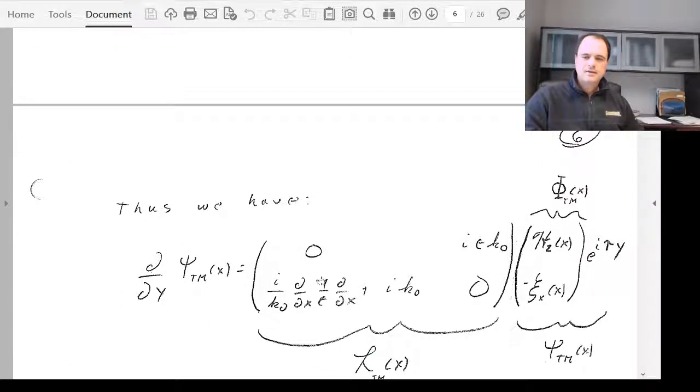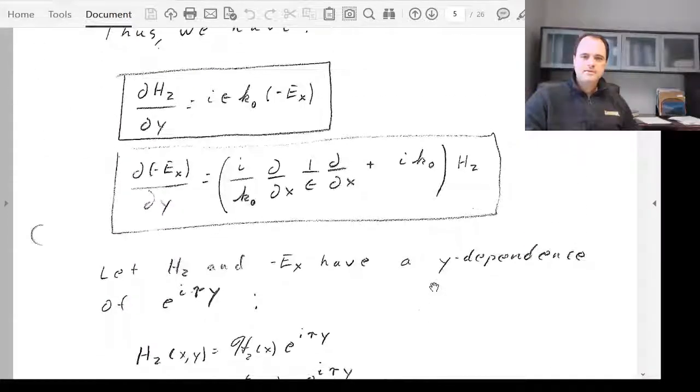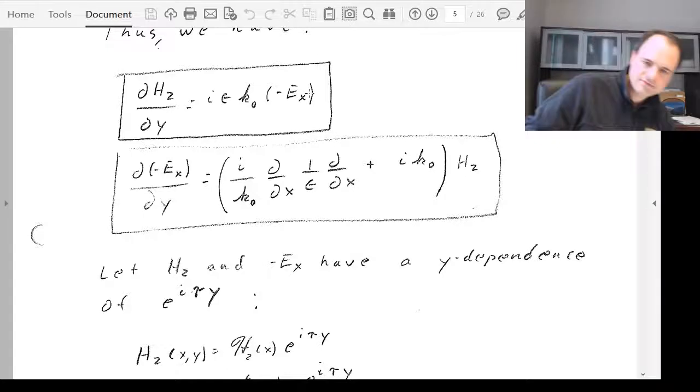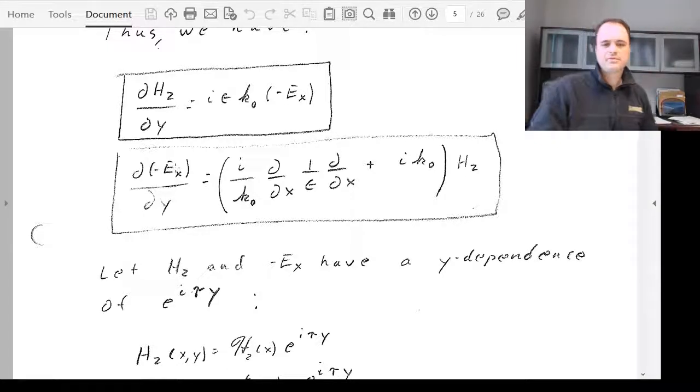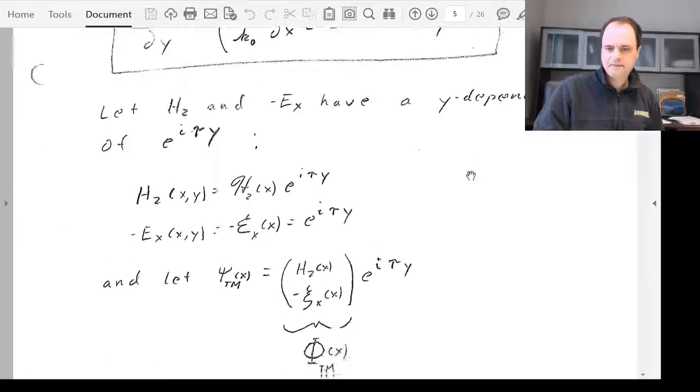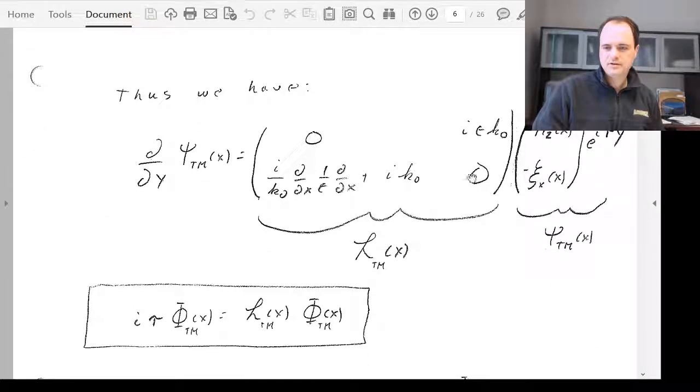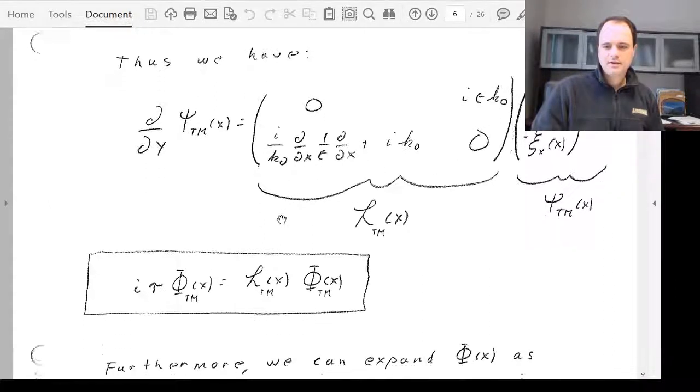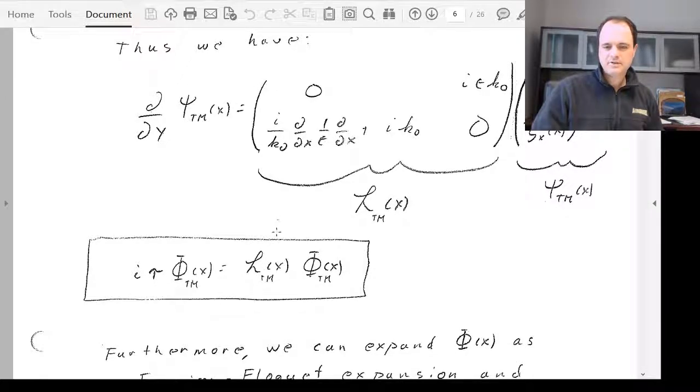But then the right-hand side, you have to construct this matrix here. Because the partial with respect to y of h of z only depends on e of x, and the partial with respect to y of e of x only depends on h of z, you have zeros here and here, and you have those two operators here and here. All right, and so this is our first stab at it.